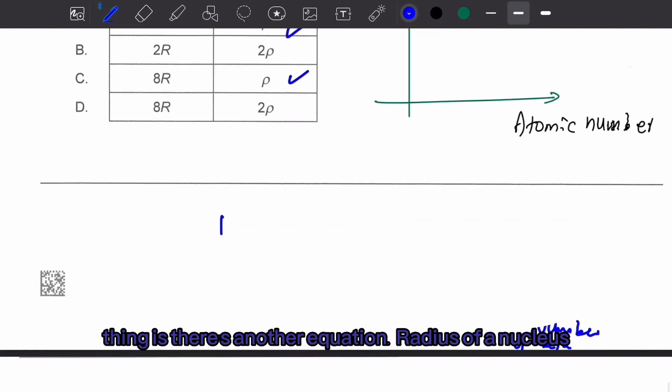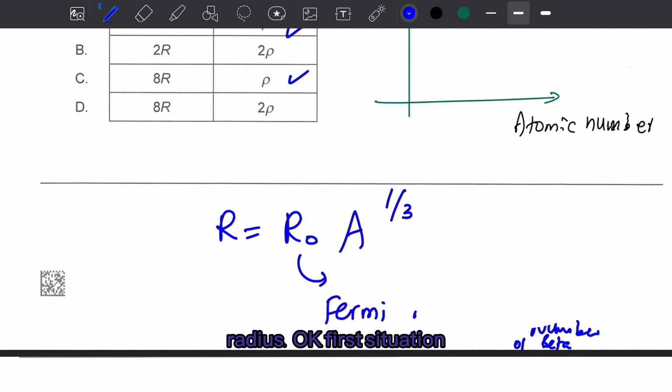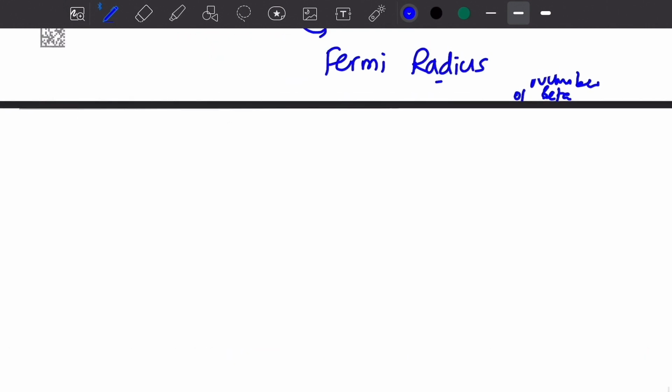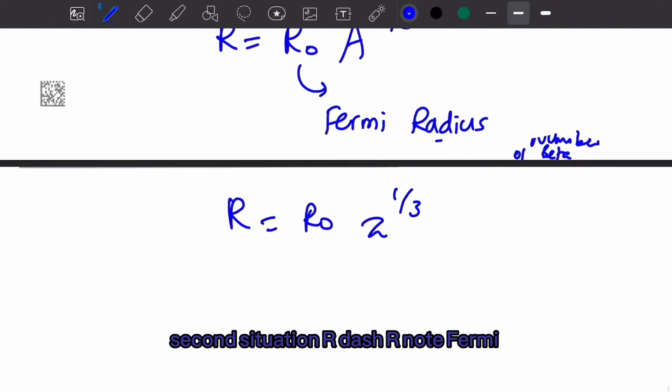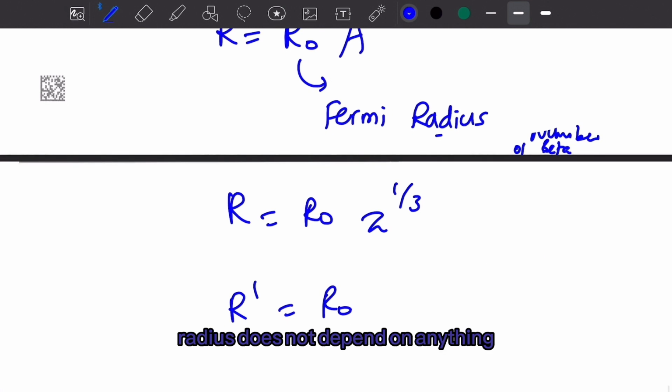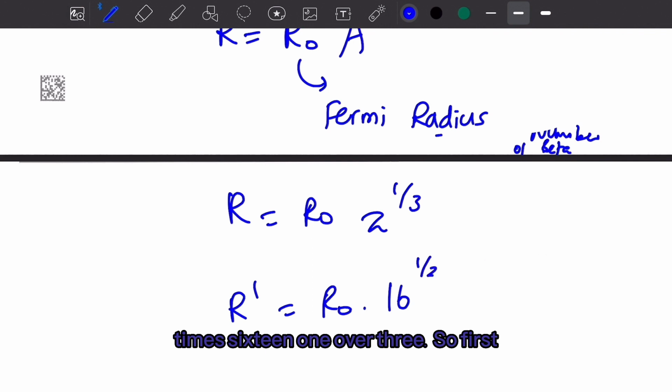Now the second thing is, there's another equation. The radius of a nucleus is related to mass number. This is called the Fermi radius. First situation, radius is R naught A to the 1 over 3. Second situation, R dash equals R naught, the Fermi radius does not depend on anything, times 16 to the 1 over 3.